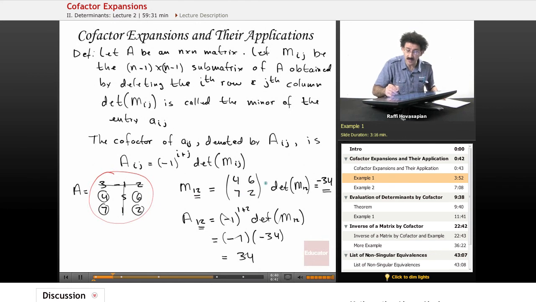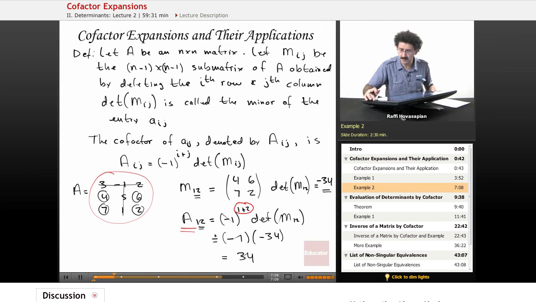When we take the determinant of that minor, we end up with this number right here. A determinant actually gives you back a number. And then we find the cofactor: the determinant that we got multiplied by negative 1 raised to the power of the sum of the indices, 1 plus 2.